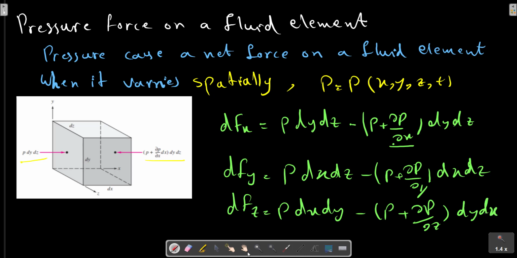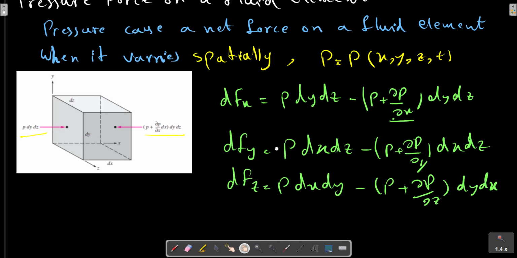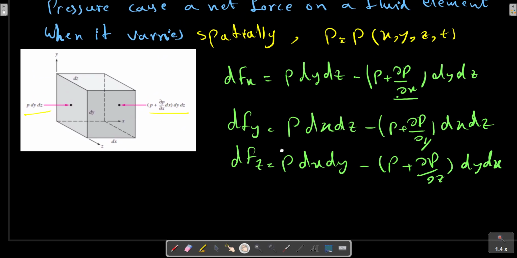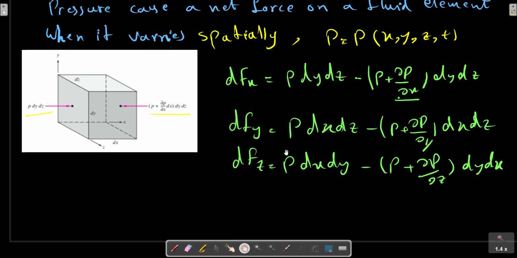In three directions we can write these equations for the net forces.